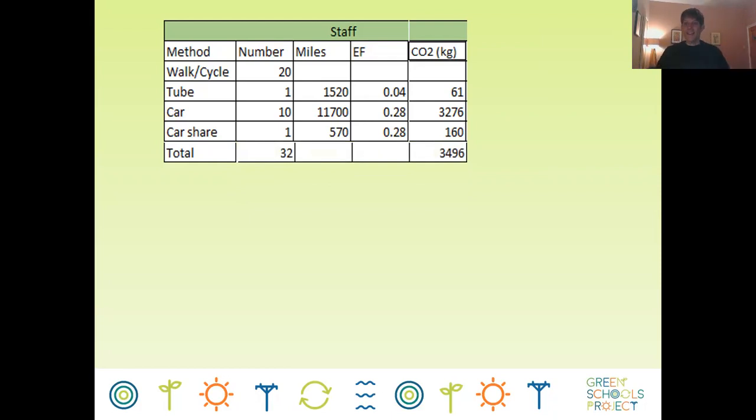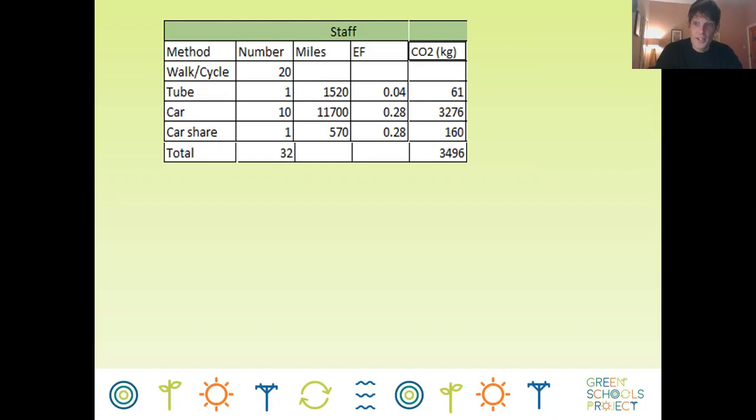Now, again, that's not quite the final answer, because again, I asked Miss O'Donnell, how many staff do you have at school? Because only the staff that were actually in classes were included in that survey. So there are some office staff. This includes cleaning staff, catering staff, site staff, and senior management who might not have been in the lessons.